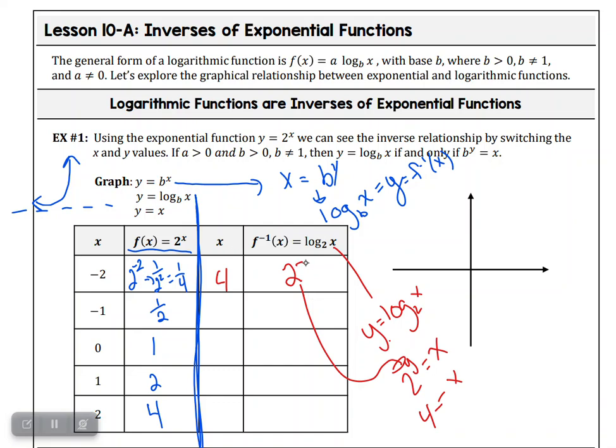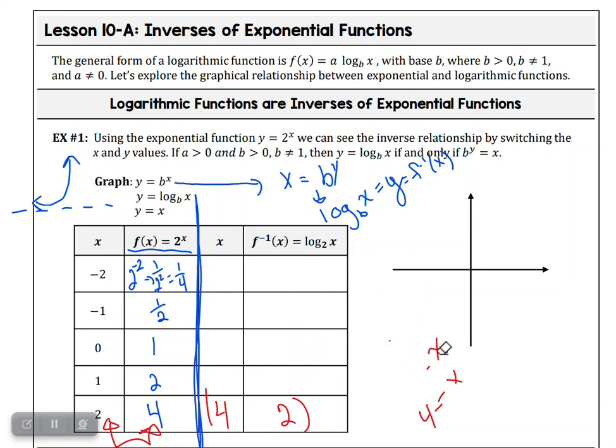If you take a look at this, 4, 2, they're inverses, so we switch the x and the y. I technically don't have to do this for every single problem. I can just switch the x and the y because that's the definition of an inverse. 1/4, -2. 1/2, -1. 1, 0, 2, 1.